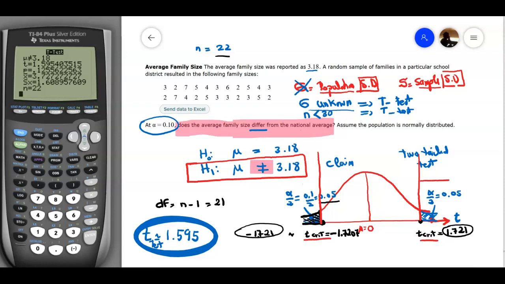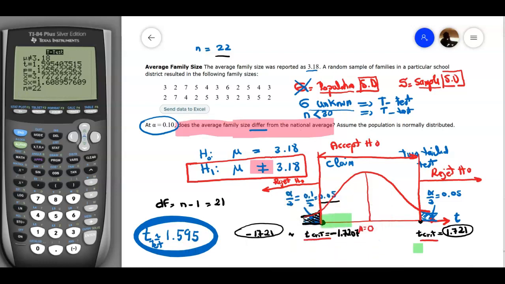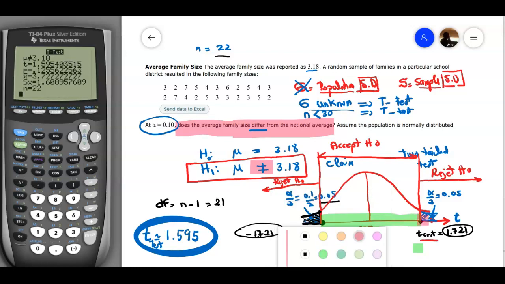If you go in the direction of the alpha, you are rejecting H0. If you go from the direction of the alpha from here, you are rejecting H0 as well. And if you fall between these two, you are accepting, or do not reject, H0. So the not reject zone should be the middle in here, and the rejection zone should be the side here or the side here.